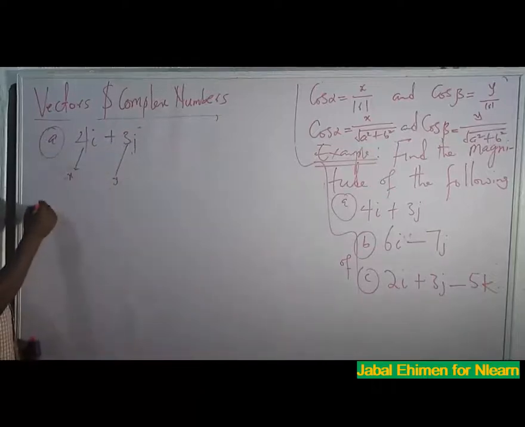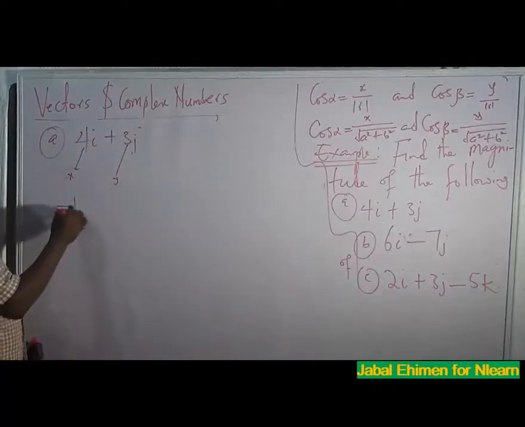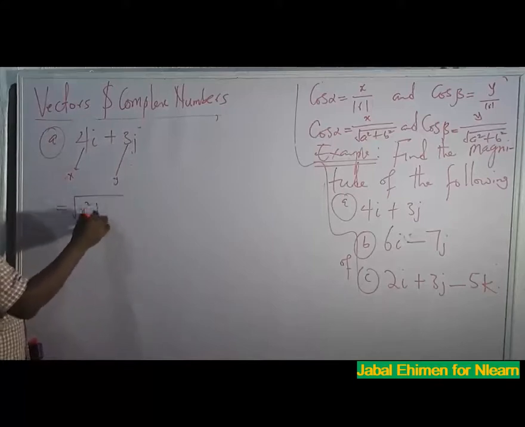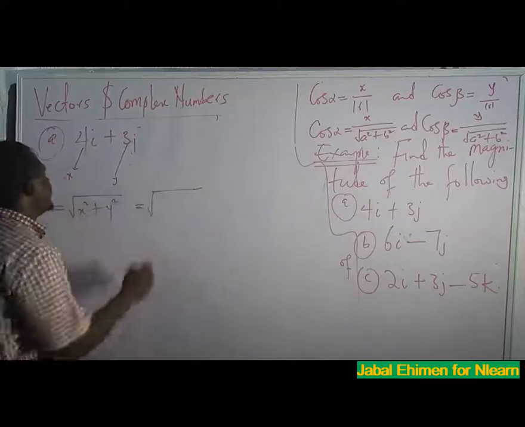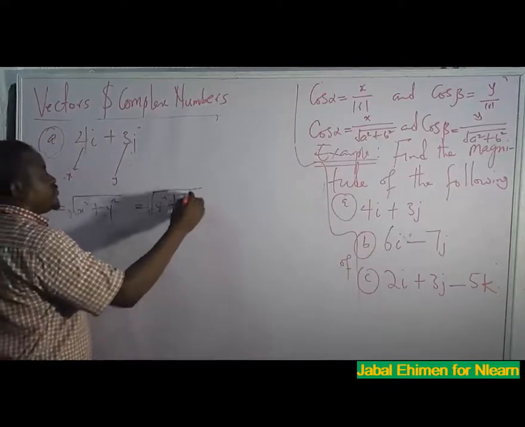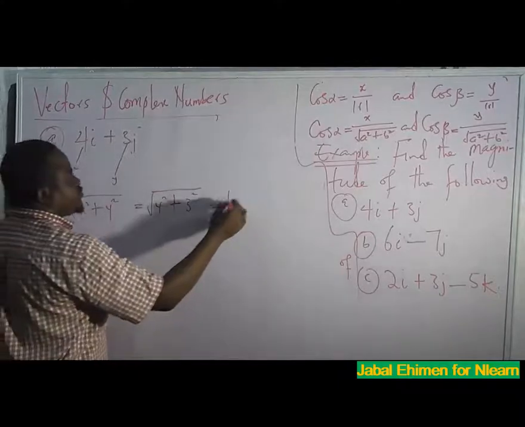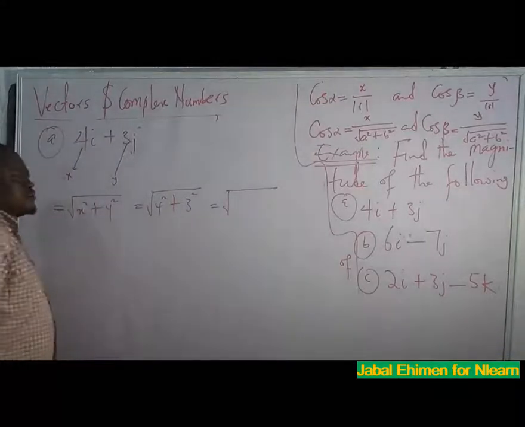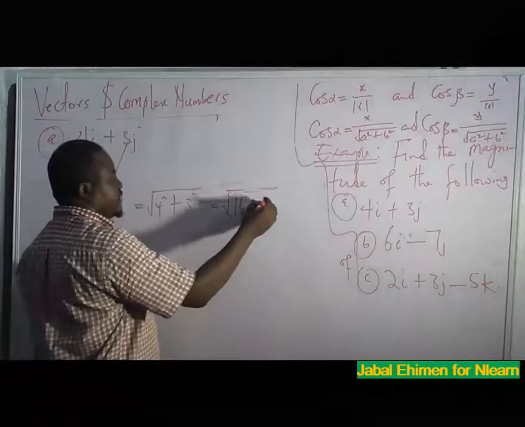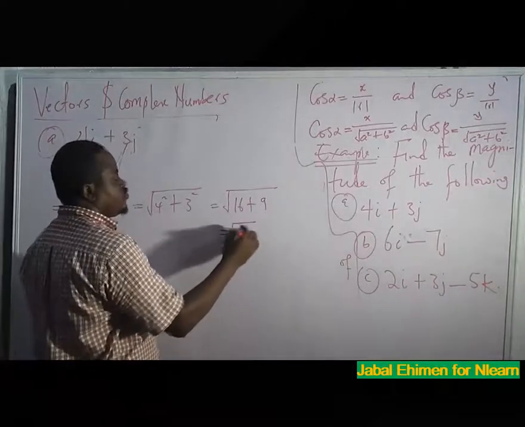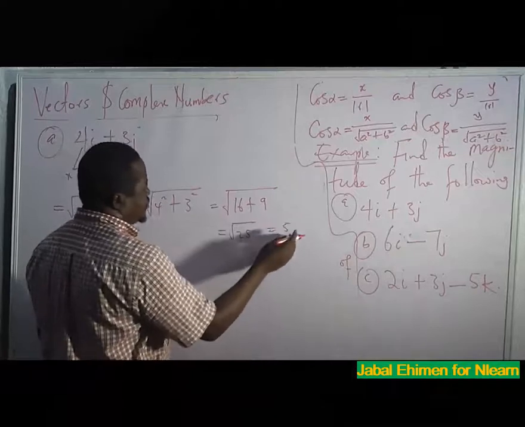So the magnitude will become square root of x squared plus y squared. That gives us square root of 4 squared plus 3 squared. 4 squared is 16, and 3 squared is 9. That will give us 25, which is 5.